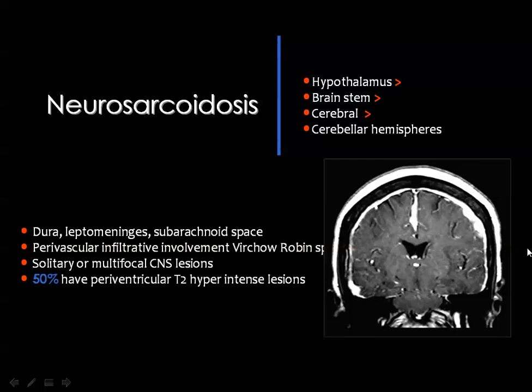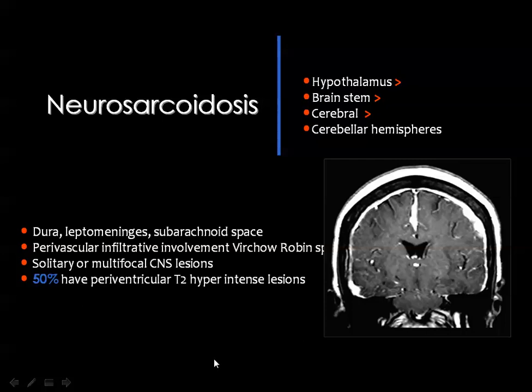And in this case, you can see that there is significant meningeal thickening and enhancement along the convexity of the brain, as well as along the falx cerebri, and we call this pachymeningitis. And this is one of the manifestations of sarcoid and other diseases as well.